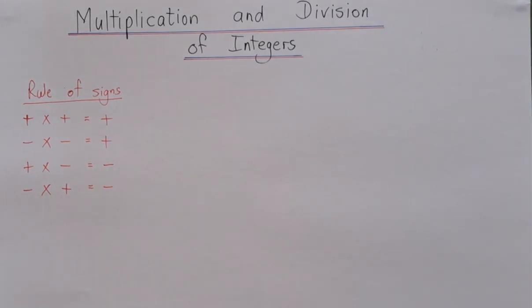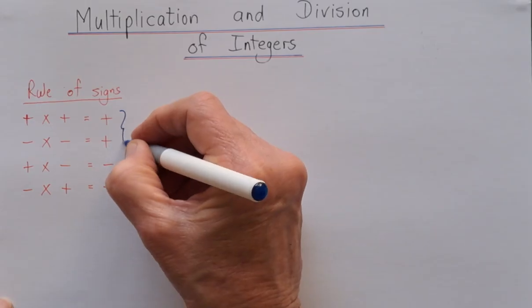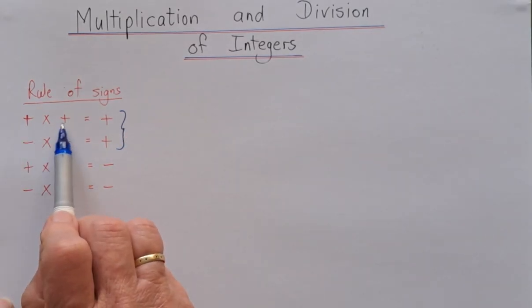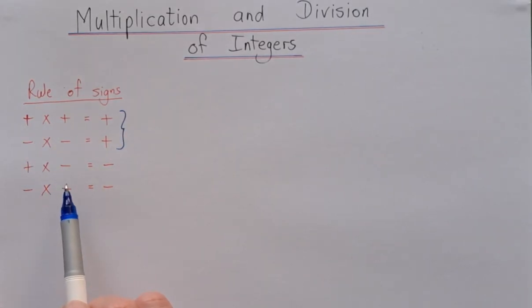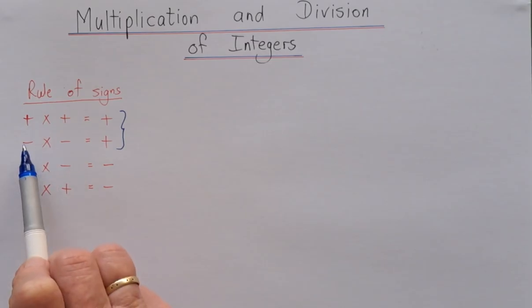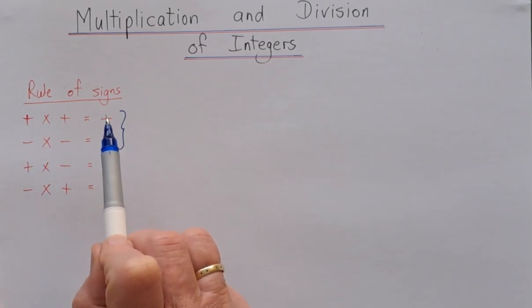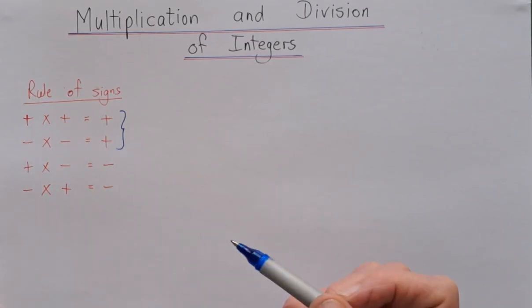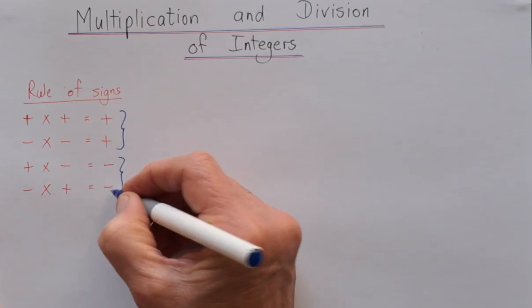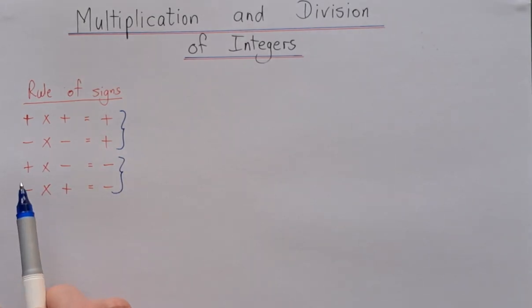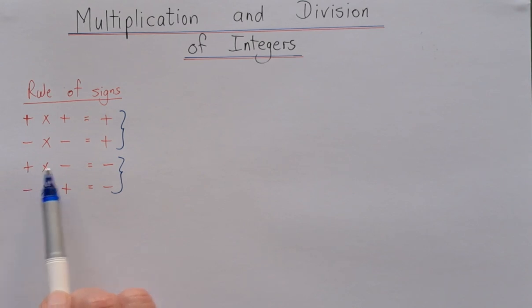So the best way to remember that is if you've got 2 signs being multiplied by each other that are the same, either positive times positive or negative times negative, you're going to end up with a positive answer. If the 2 signs that you've got are different, and it doesn't matter whether you're saying positive times negative or negative times positive, they're 2 different signs, then your answer is going to be negative.